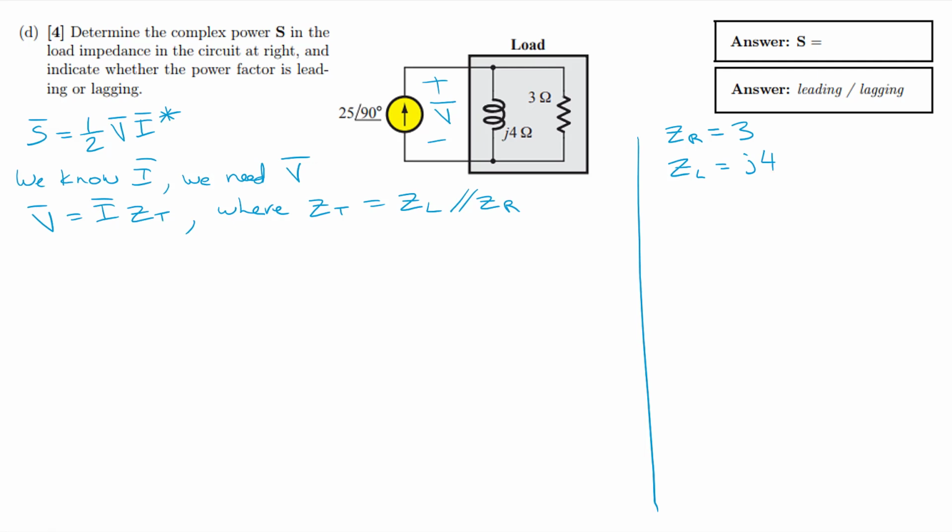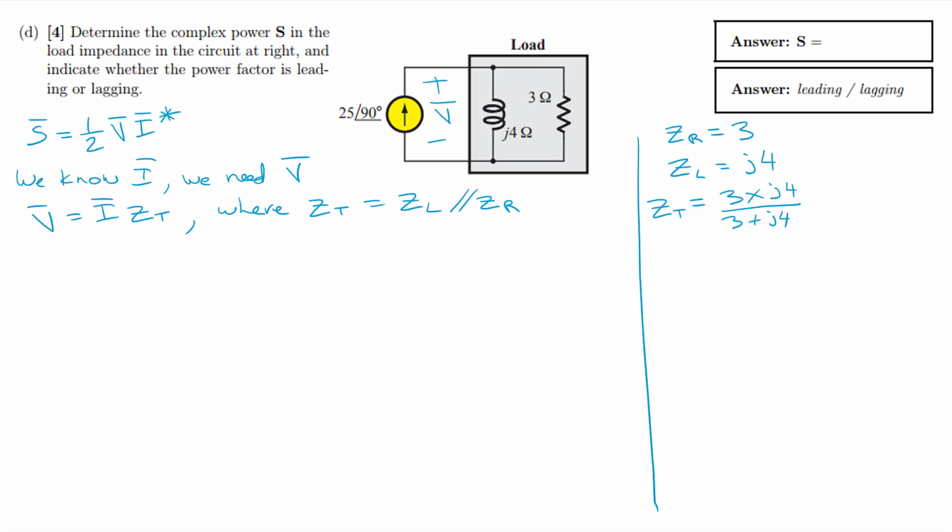Then how do we calculate ZT, the total impedance of these components in parallel? Since they're in parallel, we can use our little shortcut for calculating parallel impedance. So it's 3 times j4 divided by 3 plus j4.